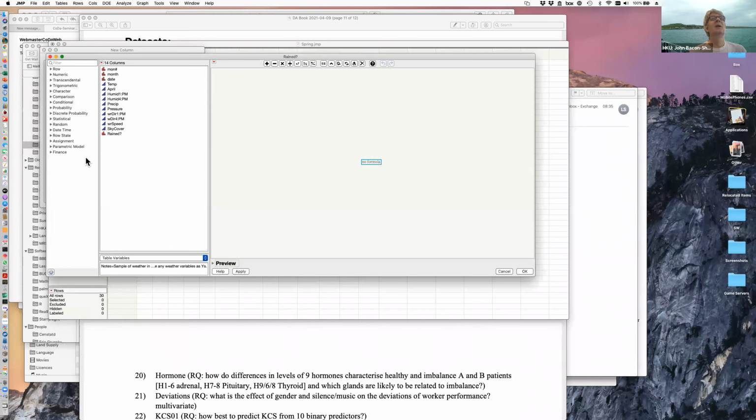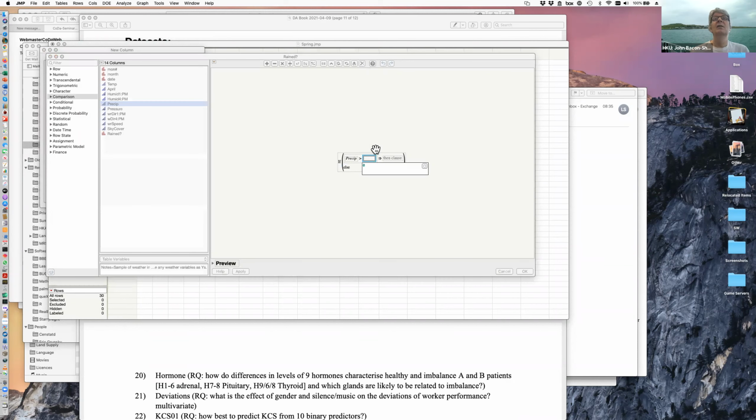So what's my formula? My formula is going to be an if-then statement. So if something, then something. So if it rained, so that means the precipitation, and then I do a comparison. So if the precipitation is greater than 0, so I type 0 into here.